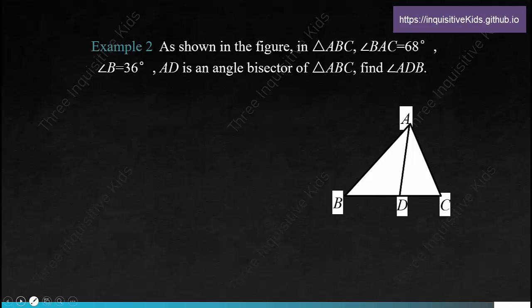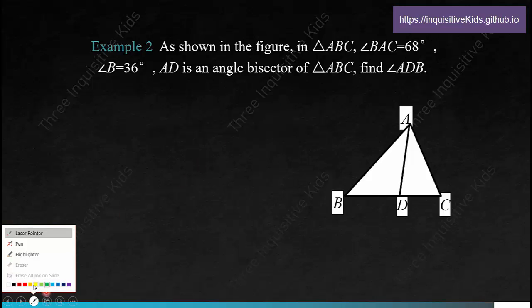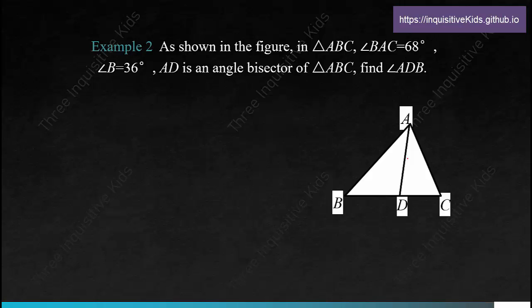Okay, so let's first analyze the information we know from the problem. We know that angle BAC is equal to 68 degrees. We know that angle B is equal to 36 degrees.